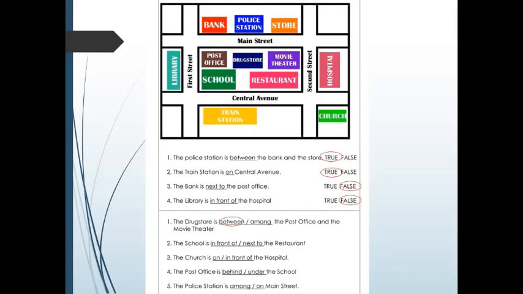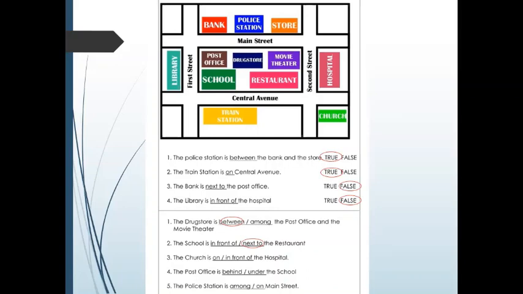Number 2, the school is in front of the restaurant or the school is next to the restaurant. So look at the picture and write the answer on your notebook. The school is next to the restaurant. Number 3, the church is on the hospital or the church is in front of the hospital. So look at the picture and write the answer. That's right.